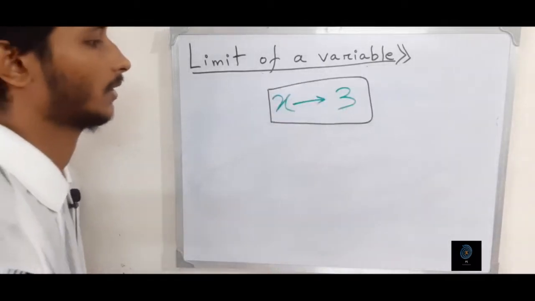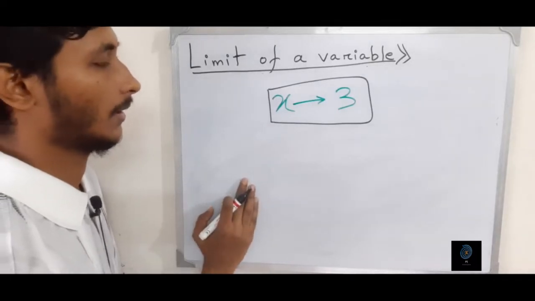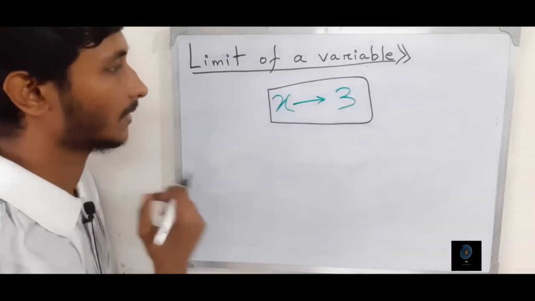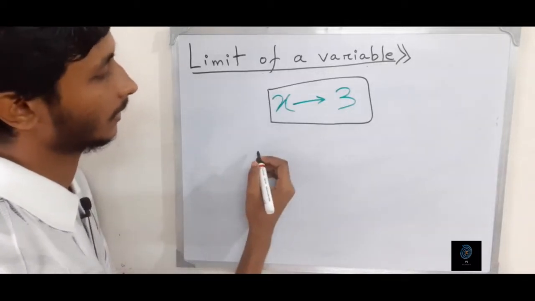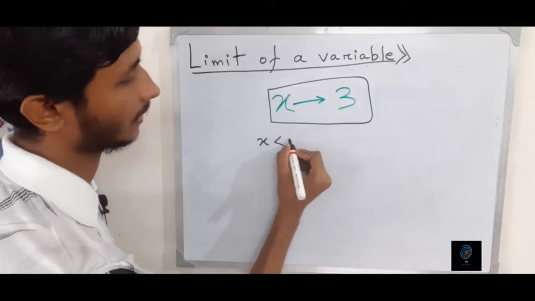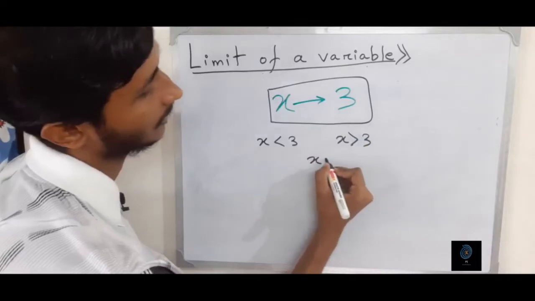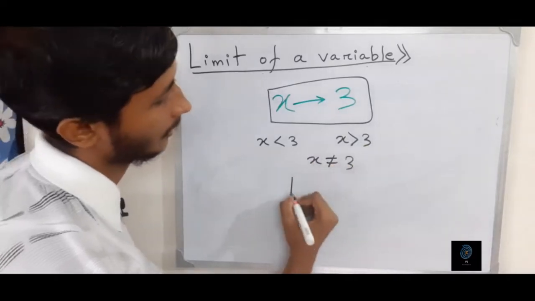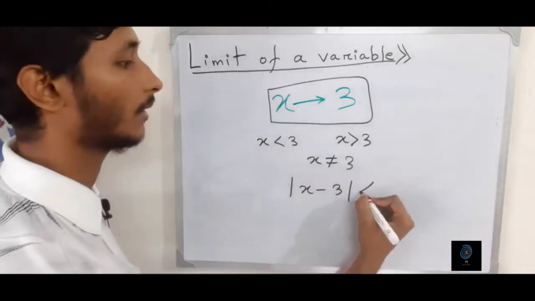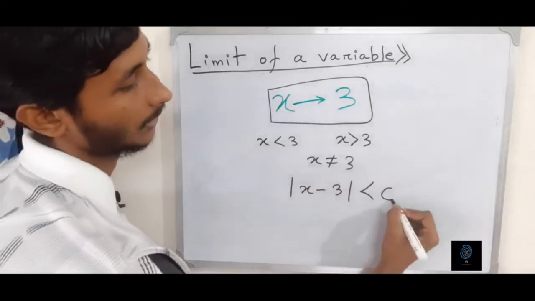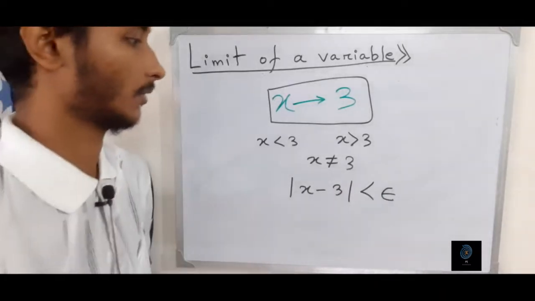This notation means that if x takes value such that x is either less than 3 or x is greater than 3, but x is never equal to 3, and the absolute difference between x and 3 can be made less than some predefined small positive quantity epsilon. This is what we mean by x tends to 3.